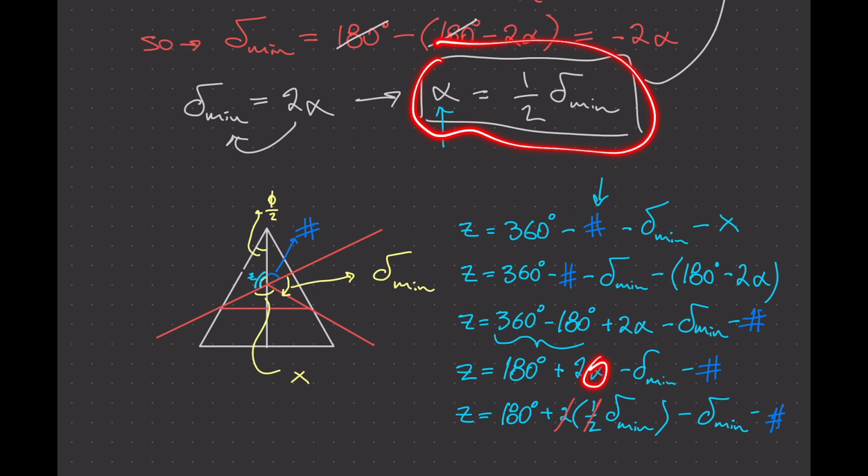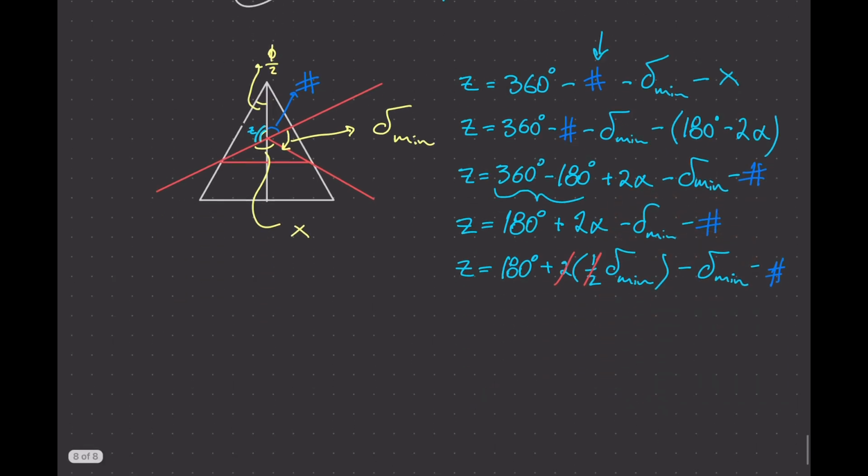Then I replaced this alpha with the alpha we found above. 1/2 delta min is equal to alpha, and alpha is being multiplied by 2, so that 2 cancels with the 1/2. And since I carried this original delta min and this hashtag, we get the final equation, and we can simplify it a little further.